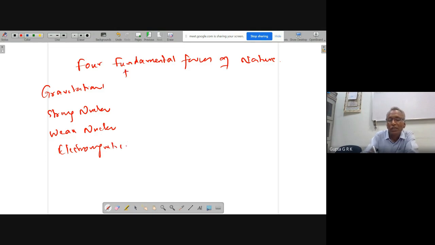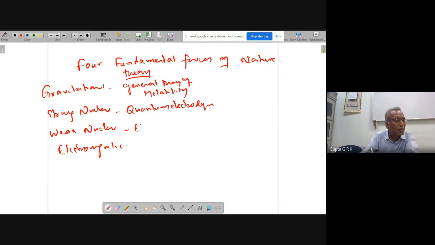So the theory, the science that deals with gravitational force is the general theory of relativity by Einstein. For the strong nuclear force, quantum electrodynamics. And for the weak nuclear force, this is actually the electroweak theory. And the theory is quantum chromodynamics.